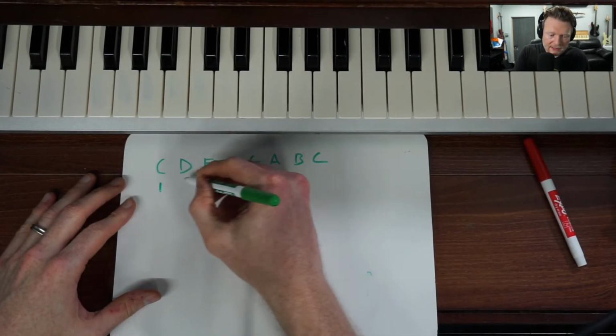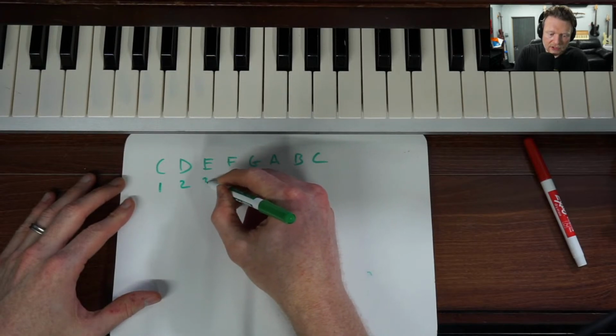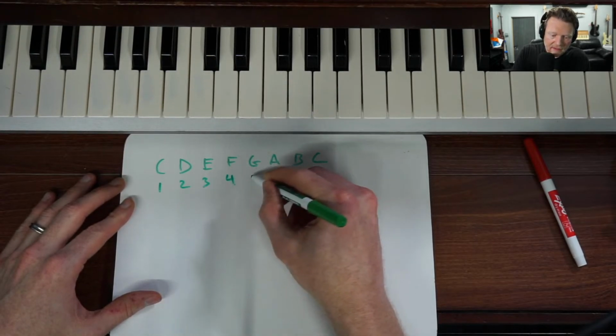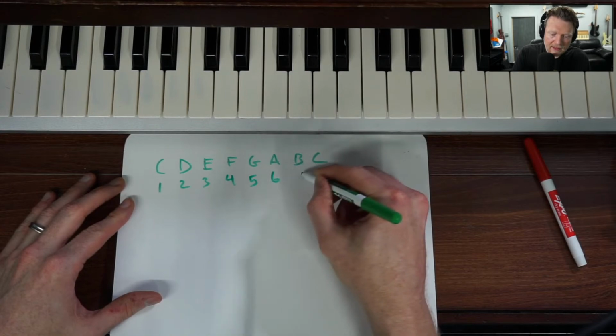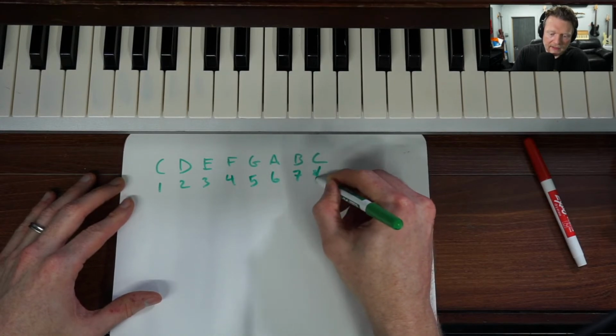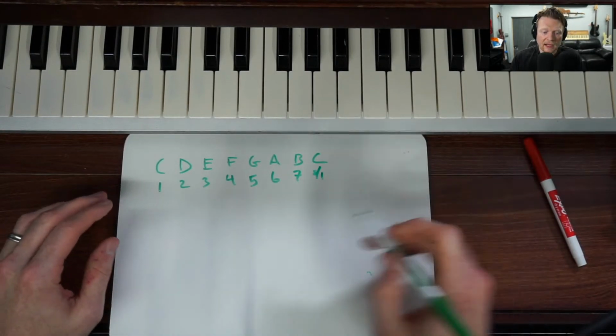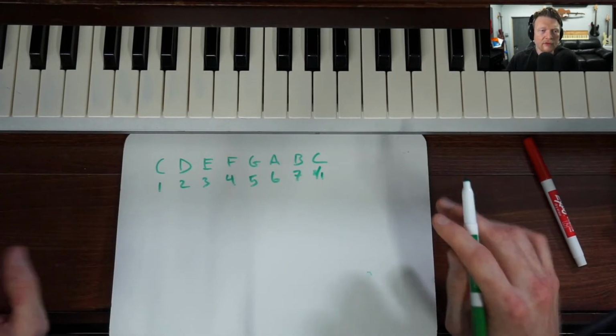If we attach a number to each one of these, then we have 1 and 8 right there. So every chord is basically built off of numbers.